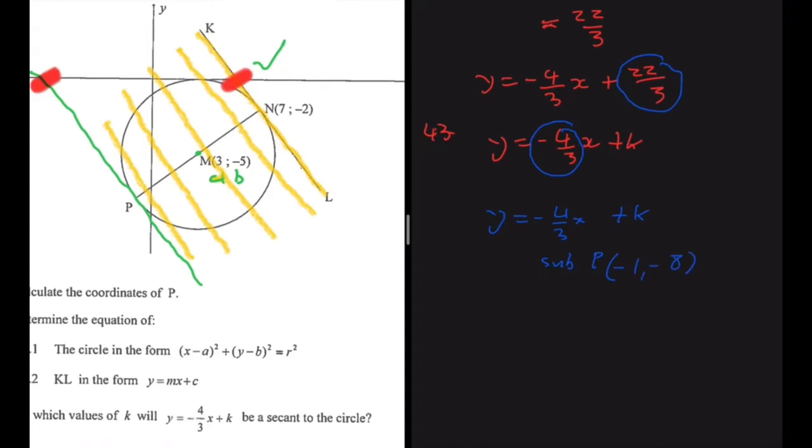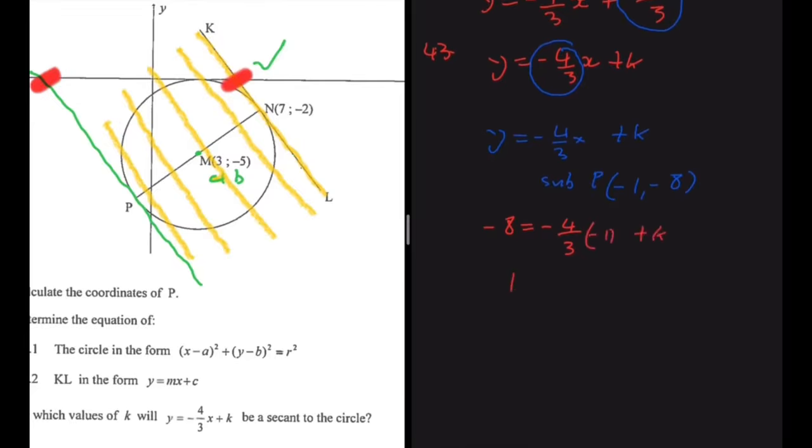So we get minus 8 being equal to minus 4 divided by 3, and in place of x we have minus 1, plus k, right? So k will just be equal to minus 8 minus 4 divided by 3, basically. So k will be equal to minus 28 divided by 3.